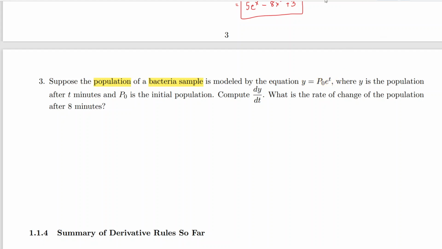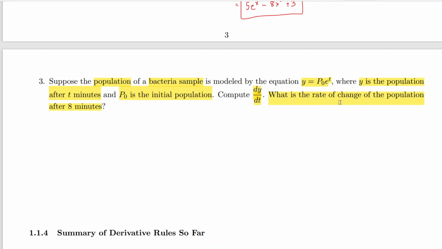Now the p subscript 0 means something. y is the population after t minutes, and p subscript 0 is the initial population. What we're asked to do is compute the derivative dy over dt, and we're asked what is the rate of change of the population after 8 minutes.